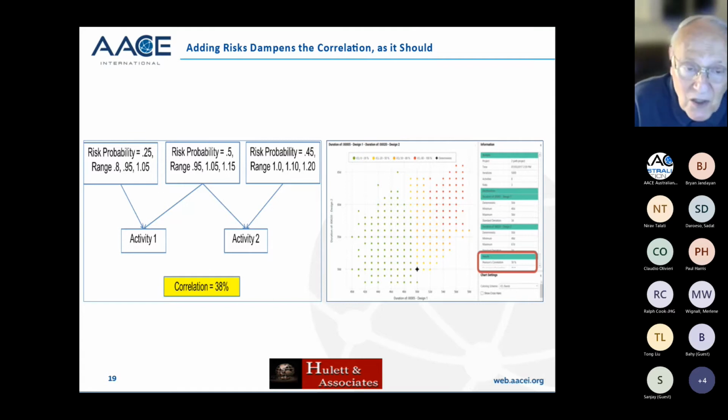Again, I couldn't have guessed, but it turned out that in Excel, the correlation calculator, and then over here on the right-hand side, the number in the red box shows it's 38% correlated. And I don't know how many of you guessed that. If I had covered that up and said how likely would it be, you might have guessed 50% or 80% or 10% or whatever it was. Well, now you don't have to, because I've actually developed a methodology where the correlation is generated during the Monte Carlo simulation. Good idea.